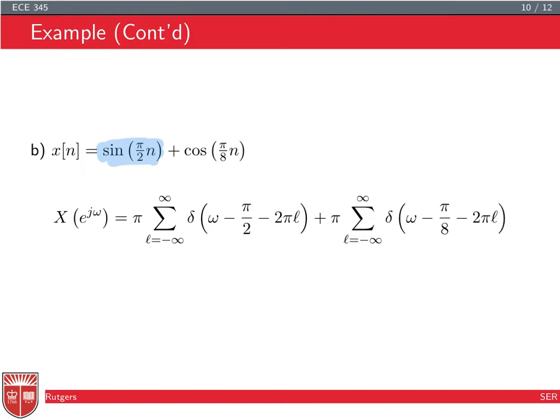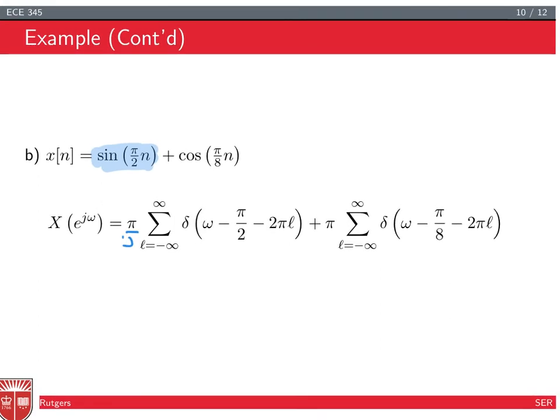The DTFT of the sine function is actually pi by j times this guy here, minus pi by j times the second sum, from L equal to minus infinity to plus infinity, of delta omega plus pi by 2 minus 2 pi L.